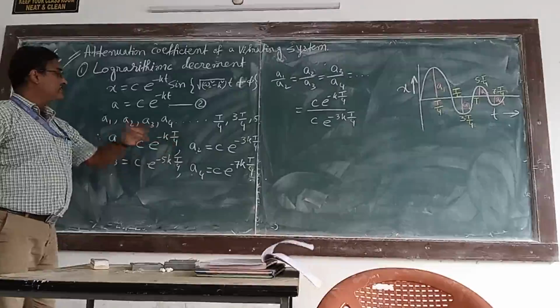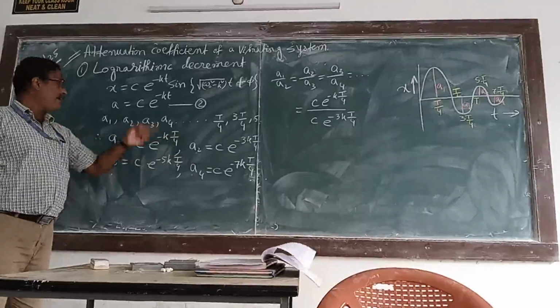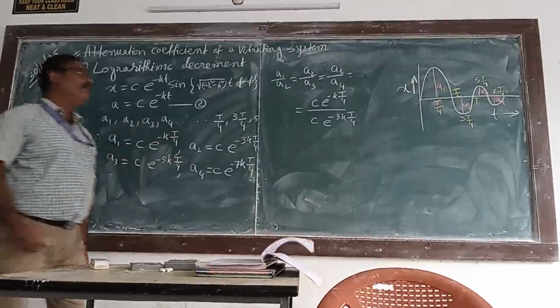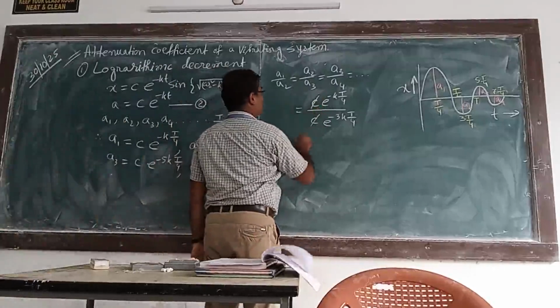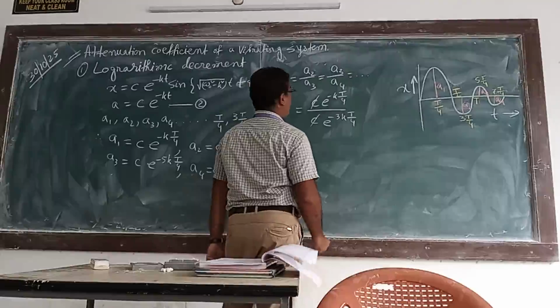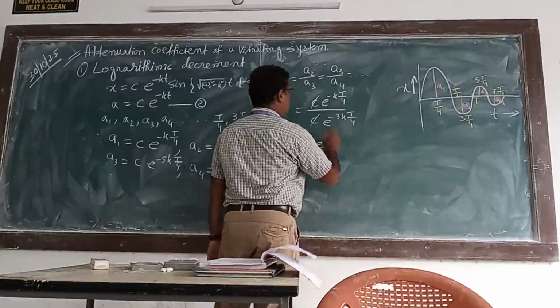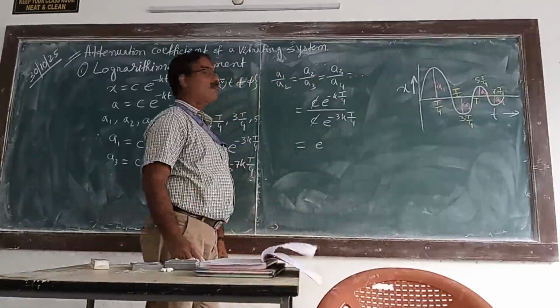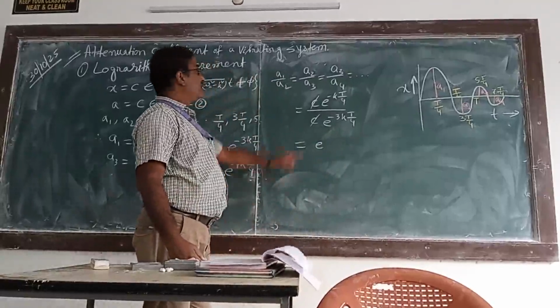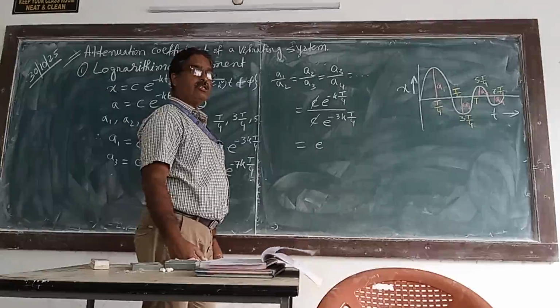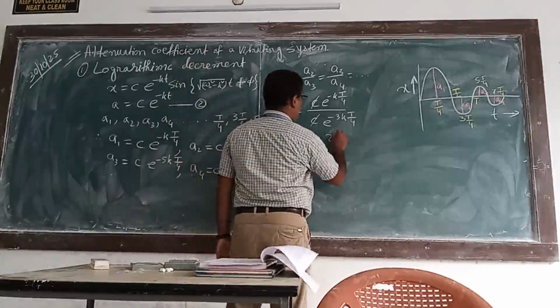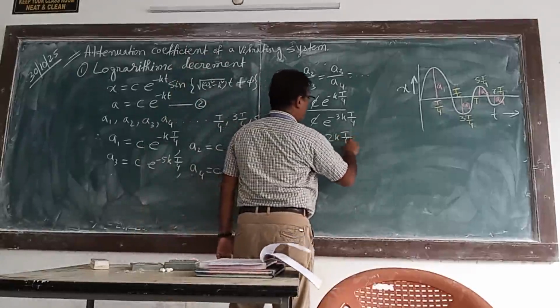So C cancels. This is equal to e to the power of 2kT by 4.